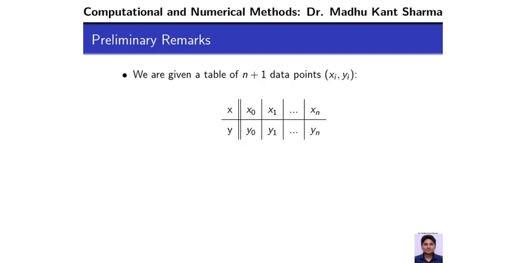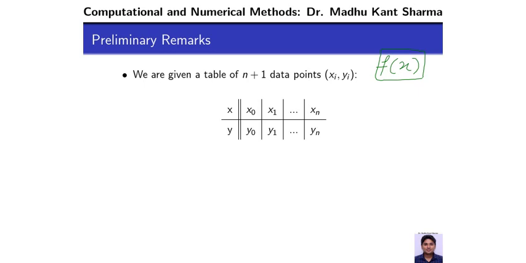Okay, right. So we are given a table of n plus 1 data points, let's say. So we assume that this data set is for a function f of x. So f of x is a smooth curve. Okay, and we keep saying that we are going to interpolate by a polynomial.